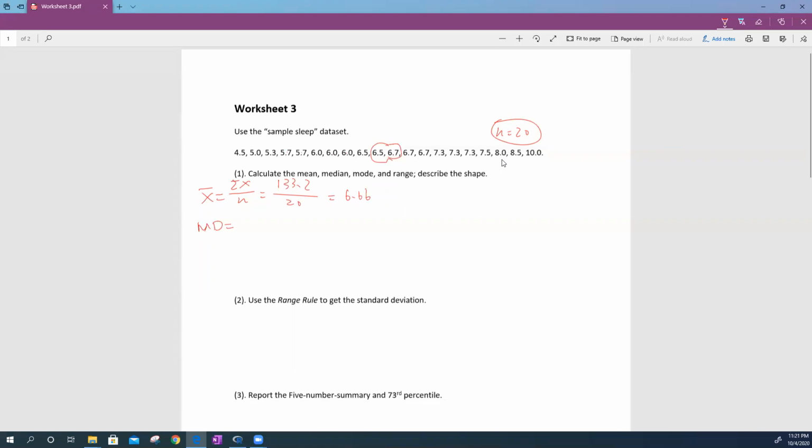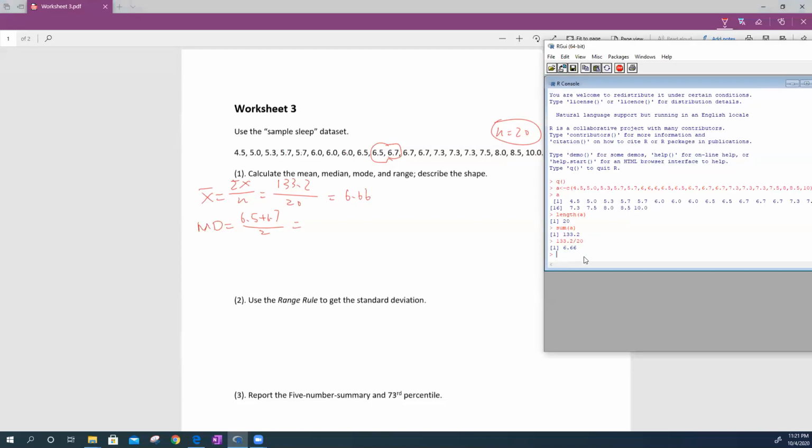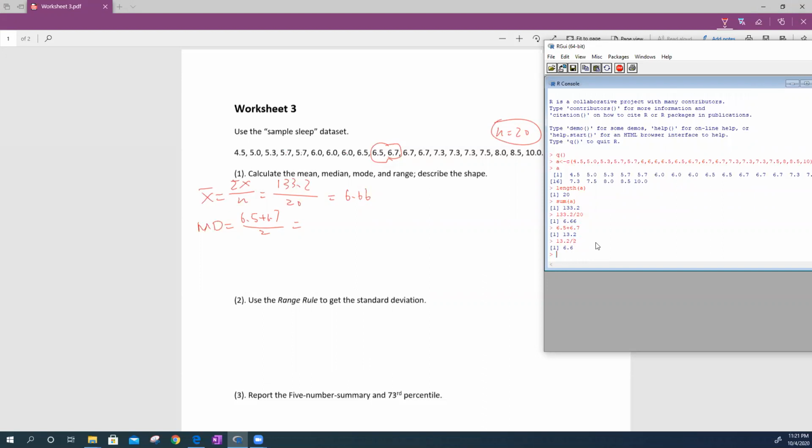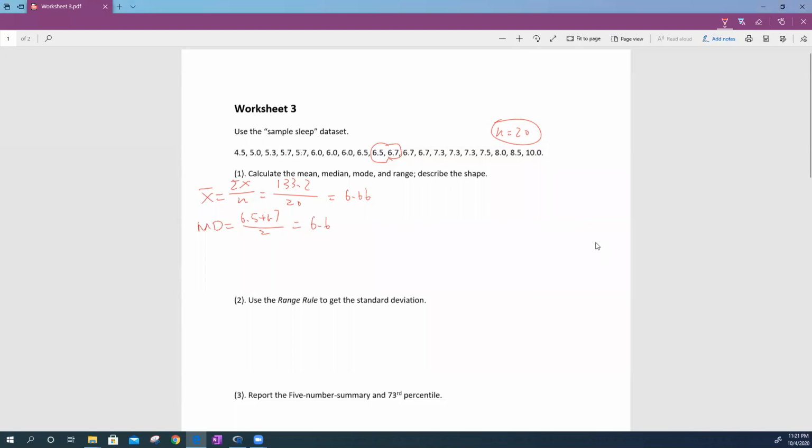So the median will be the average of these two numbers. So 6.5 plus 6.7 divided by 2. 6.5 plus 6.7 is 13.2, divided by 2, that's 6.6. So that's the median.